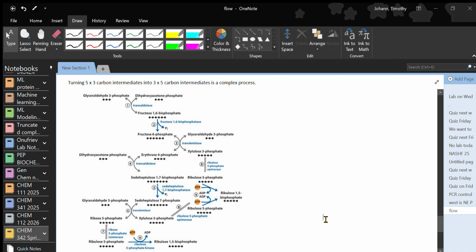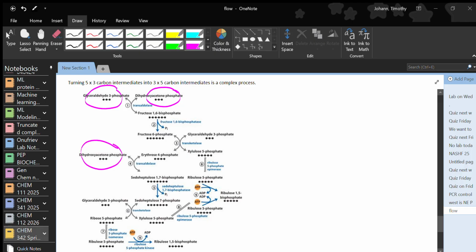So let's go ahead, and on here we've got a complex set of enzymatic reactions going on. A bunch of stuff's going on, right? Let's just identify our input, our 3-carbon inputs. We need to find 5 of these. So here's a glyceraldehyde 3-phosphate. Here's a dihydroxyacetone phosphate, 1, 2.